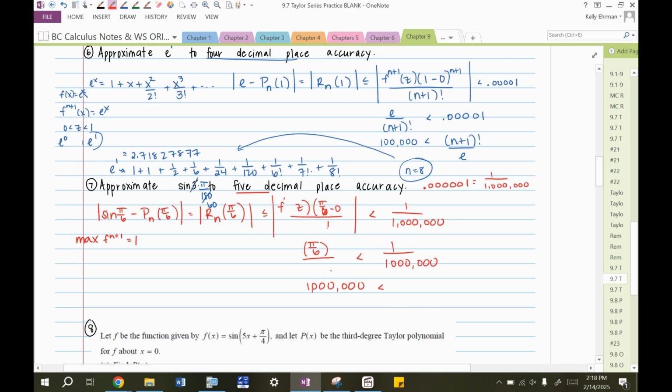So this is n, this is n plus 1, this is n plus 1 factorial. I've done too much math today. This is not 6, I was looking at pi over 6. It's still true that the n plus 1th derivative will be 1. So let's try this again. I noticed I did something wrong when I didn't have any sort of x to plug in.